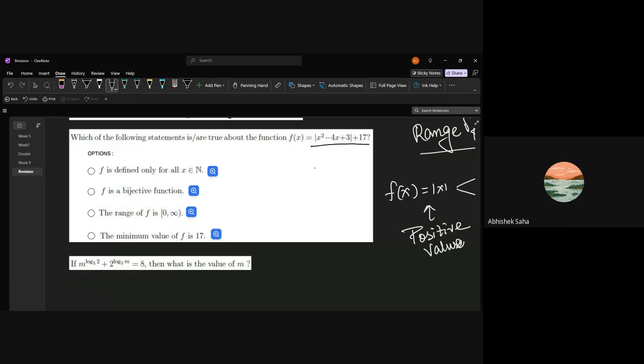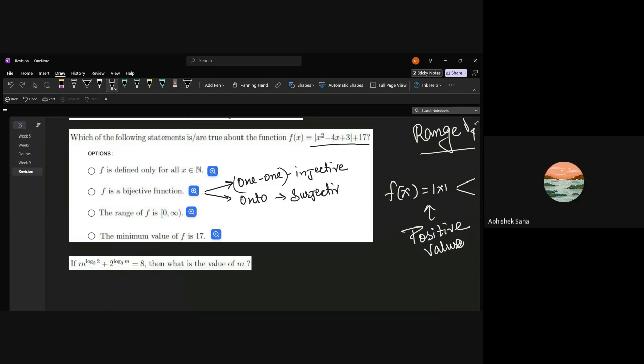Okay. And then tell me, is f bijective or not? For bijectivity, there are two concepts. It should be one-one, that is injective, and onto, that is surjective.